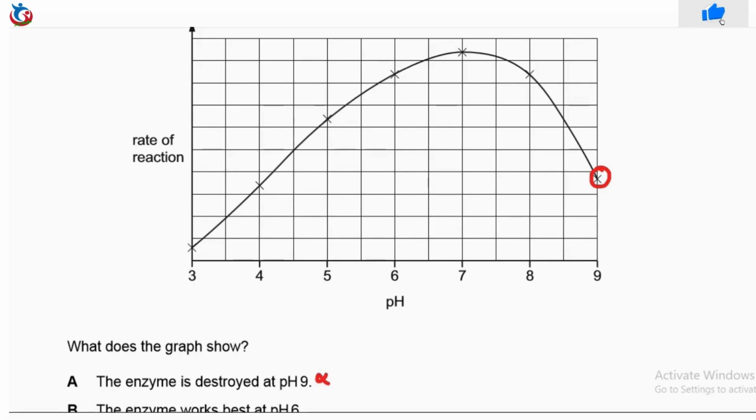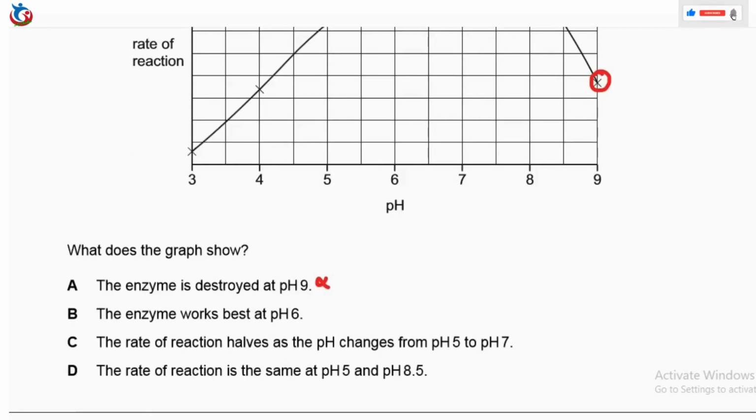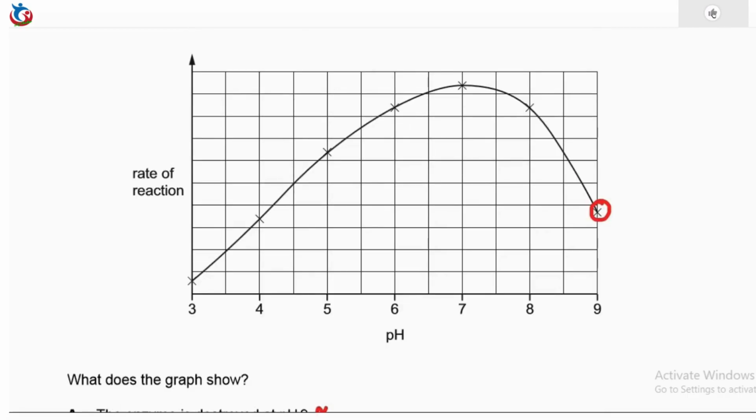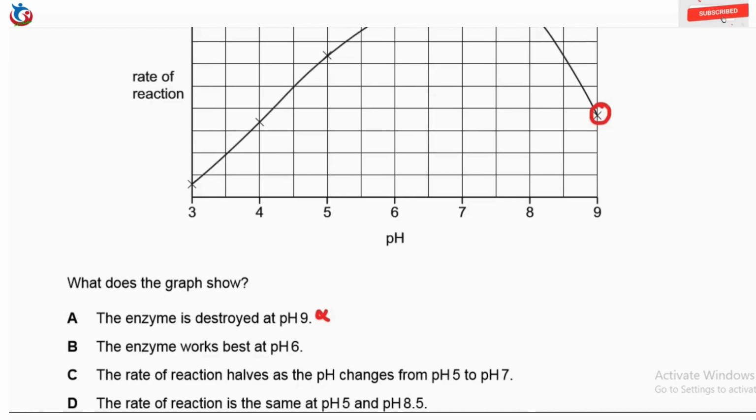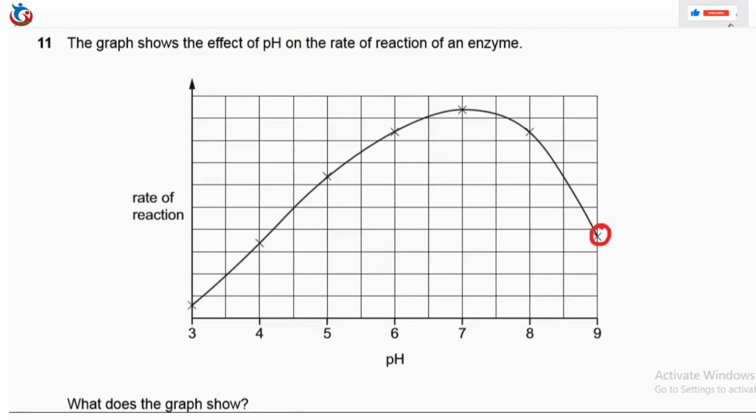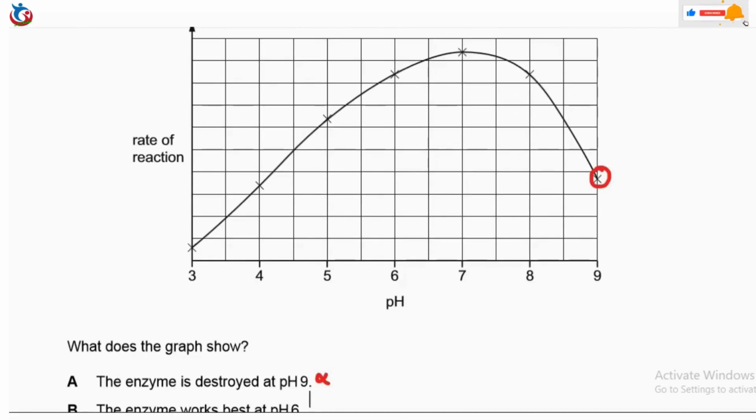Okay, then we'll now move to the other options. Option B says the enzyme works better at pH 6. No, but rather it worked best at pH 7. That makes option B wrong. Then option C, the rate of reaction halves as the pH changes from pH 5 to pH 7. No, it's not half.